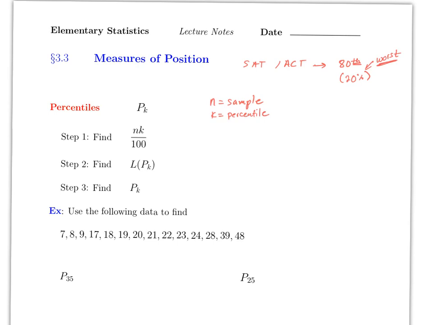Now step one is the key to make this very easy. So notice that here you multiply and then divide. But whenever you divide two numbers, there are only two things that can happen. You either get a whole number or you get a decimal.